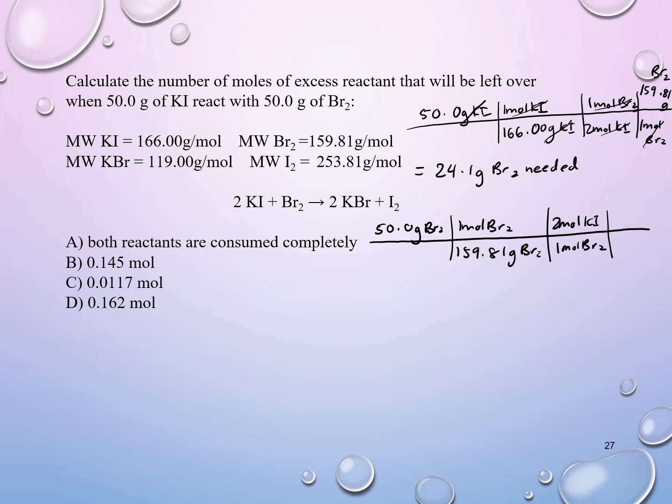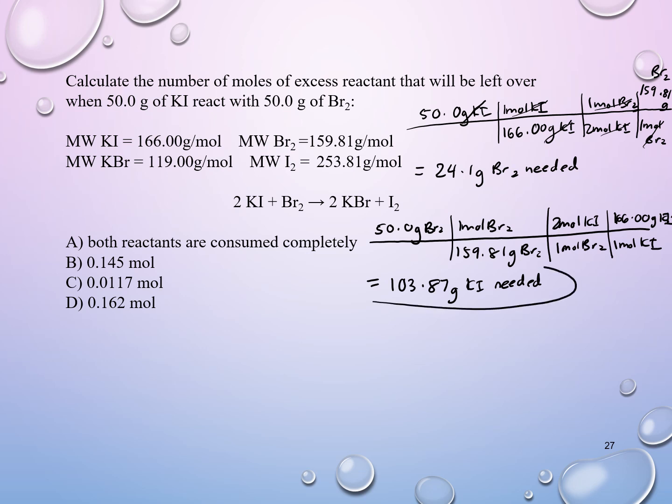And then we turn it to grams of KI. 1 mole of KI from the molar mass weighs 166.00 grams KI. So this will give me an answer of 103.87 grams KI needed. You see how this is impossible?